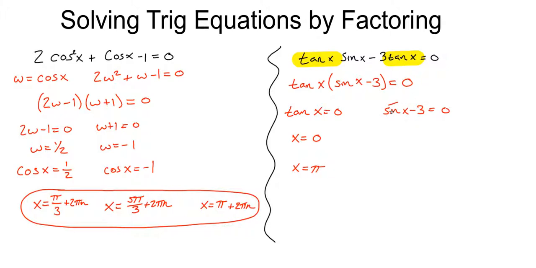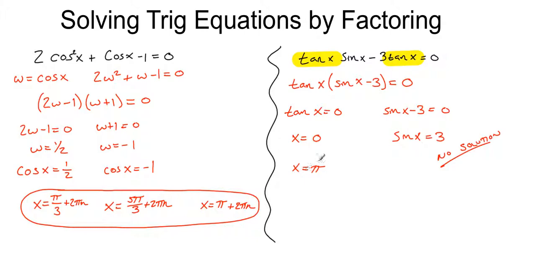Over here we have the sine of x minus 3, which means that the sine of x is equal to 3. That's actually not going to be possible. That's going to be no solution, because the sine of x can never be greater than 1 or less than -1. So that's not going to help us at all, which means that part of it is done.